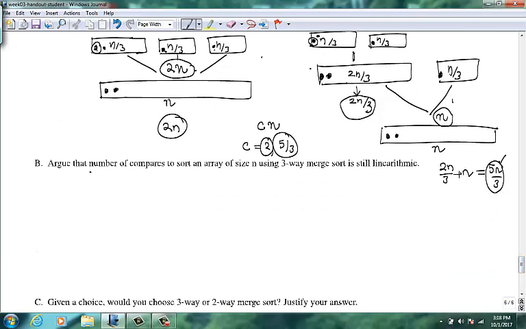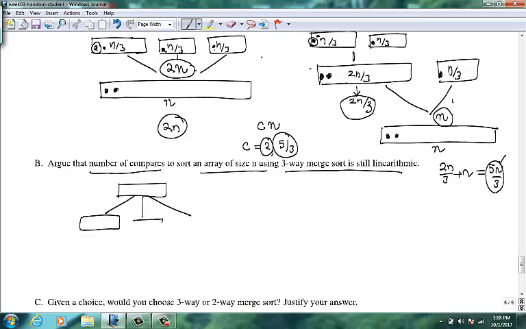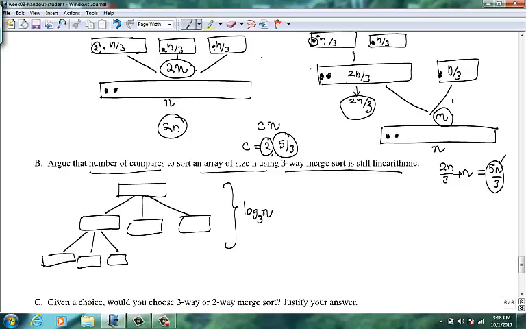Now, we want to argue that the number of compares to sort an array of size n using three-way merge sort is still linearithmic. The idea is that when you think of merge sort, we divide the array into 2, but in this case we divide the array into 3. And then we divide the array into 3 again. So if you think about the height of this tree, that would be approximately log base 3 of n.